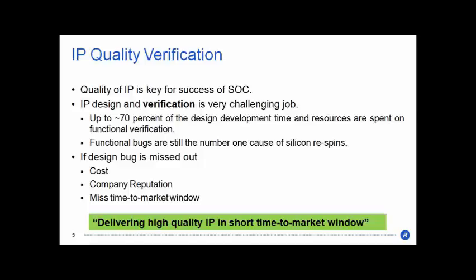Not only that, your future plan, the next project, also gets affected because of any functional issues. Your company's reputation in the market with the customer will definitely drop and you will miss the time to market window. So delivering high quality IP is very, very important for the success of any project.